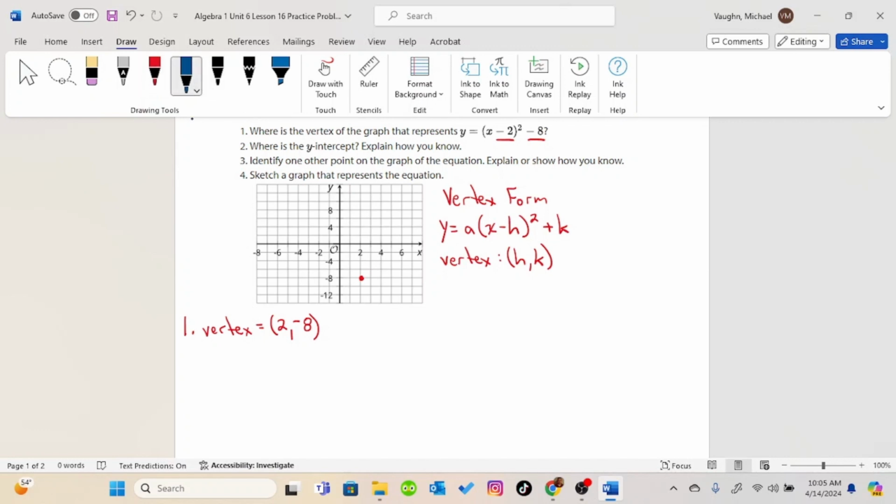Number 2, where is the y-intercept? So remember that y-intercepts have an x value of 0. So if we plug 0 into the equation, y equals (0 minus 2) squared minus 8. 0 minus 2 is negative 2.